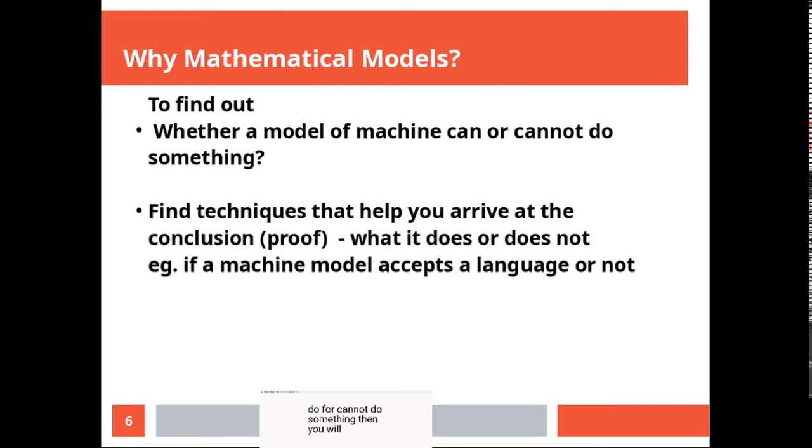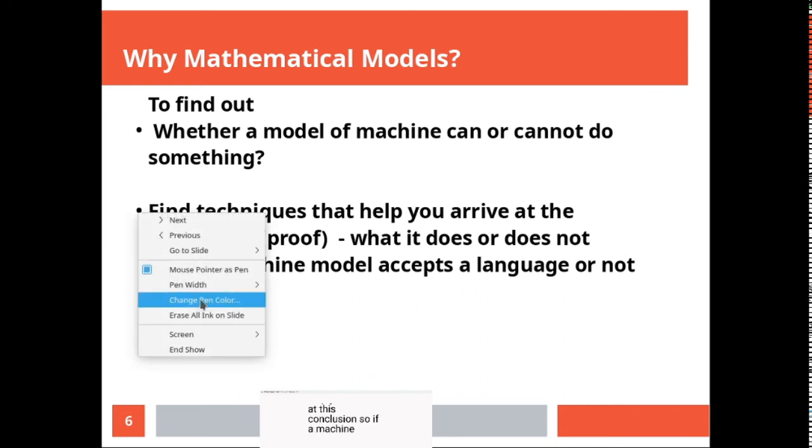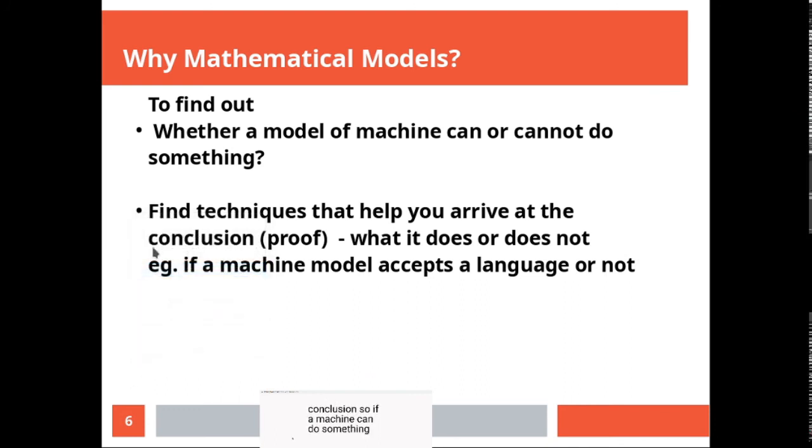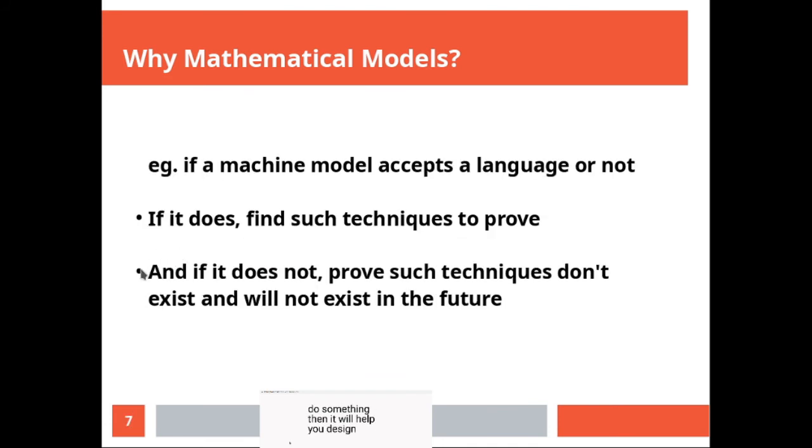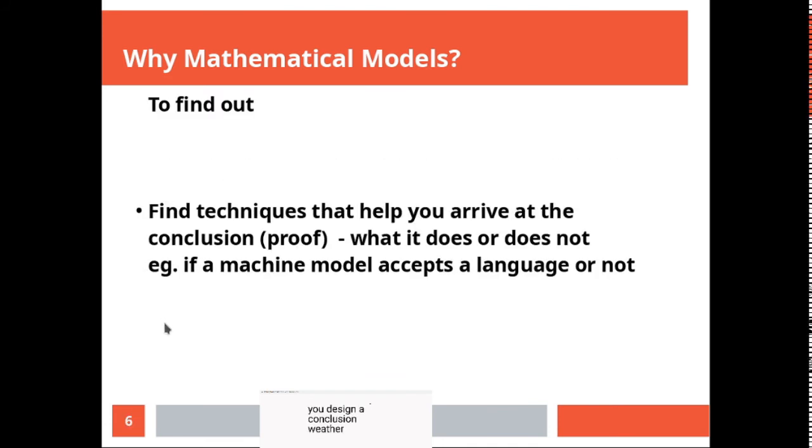Then you will find techniques or algorithms that help you arrive at this conclusion. And if it cannot do something, they will help you prove why it cannot, and also prove that no machine in the future will be able to accept a particular language.